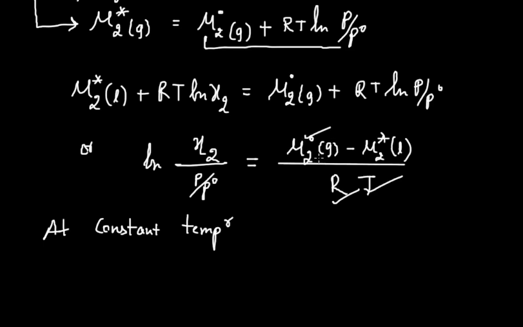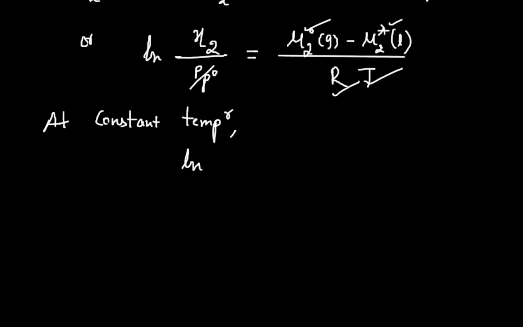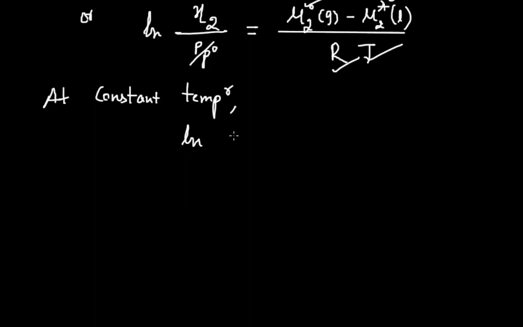This is the chemical potential of a gas at standard pressure p naught, which is equal to 1 bar. This is a constant, the chemical potential of a pure liquid. So the right hand side is constant. So at constant temperature, ln of x2 p by p naught is equal to a constant.